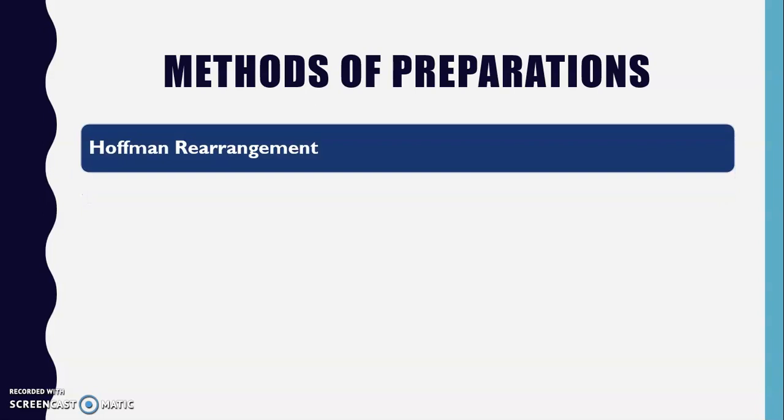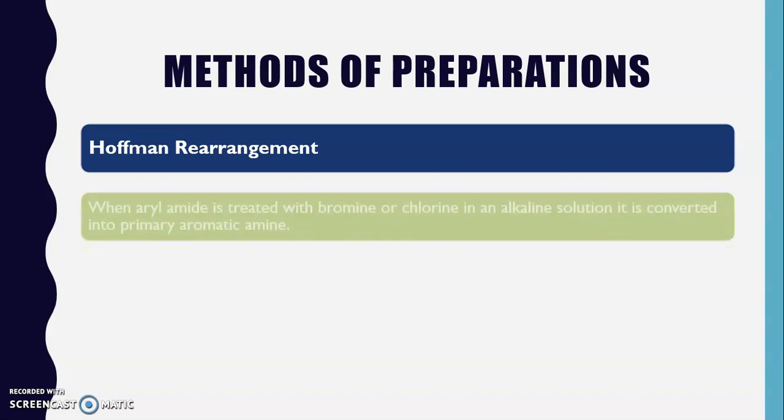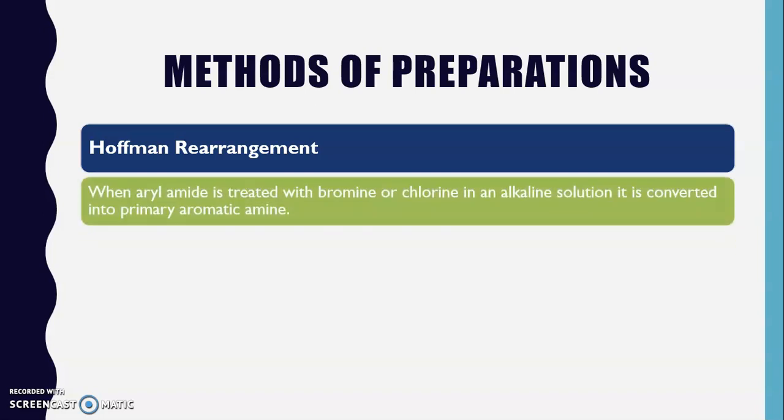The third and most important method that is used for the preparation of aromatic amines is the Hofmann rearrangement. Here aryl amides are converted into aromatic amines, where the migrating group is migrated from carbon to the nitrogen atom.